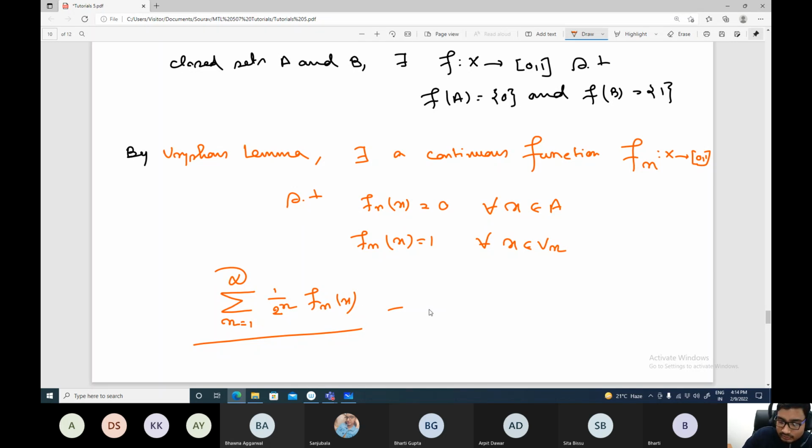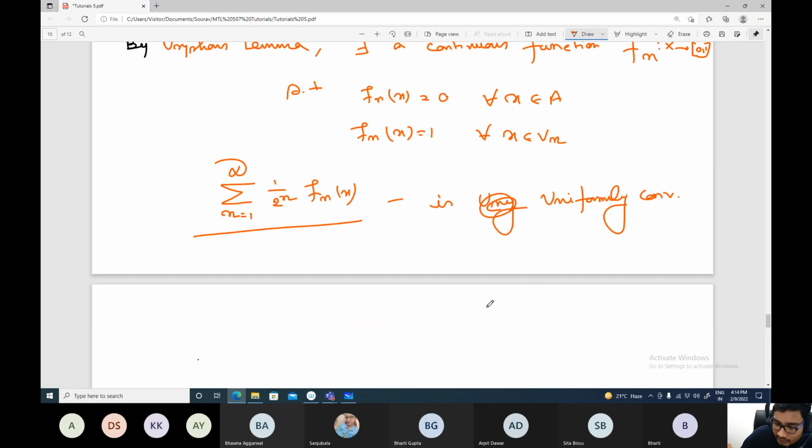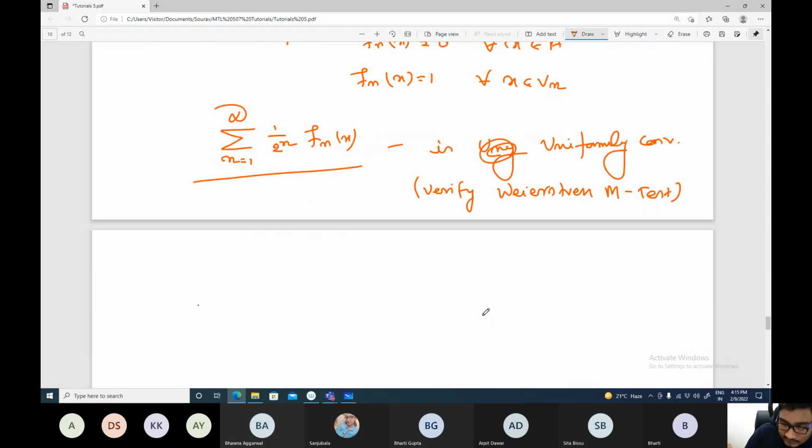By Weierstrass's M test, the series is uniformly convergent.